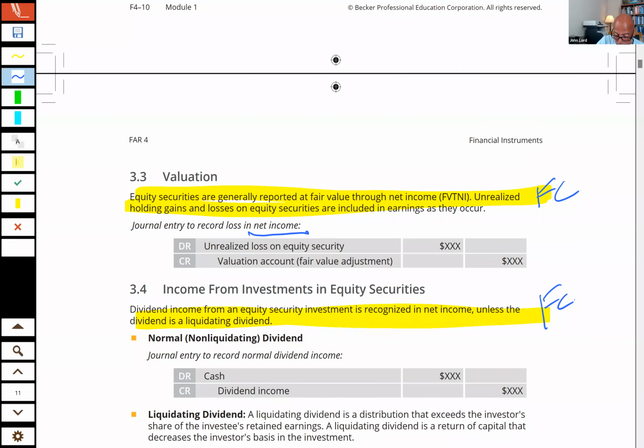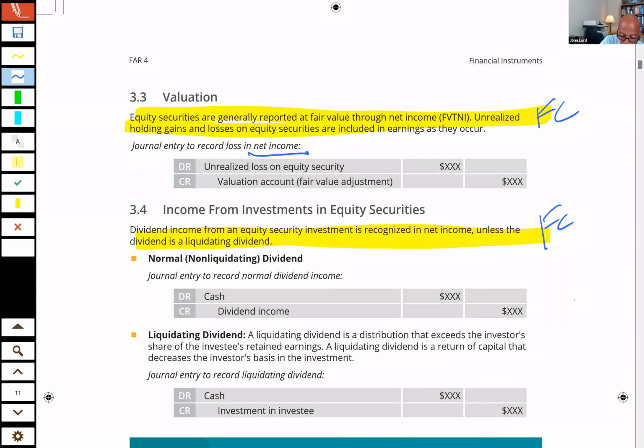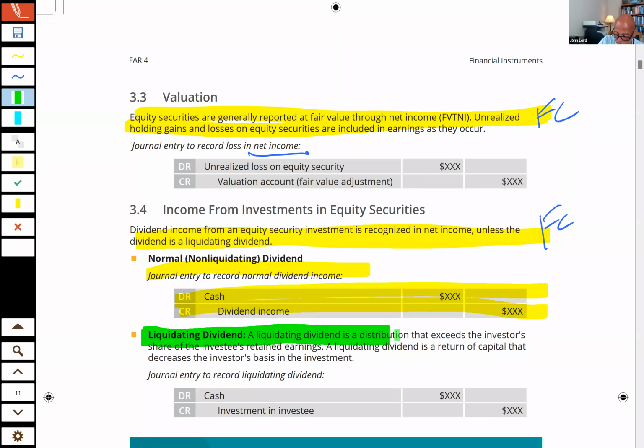Now, you can see the journal entry for a normal dividend, which is simply debit cash, credit dividend income. But there could be something called a liquidating dividend, okay?